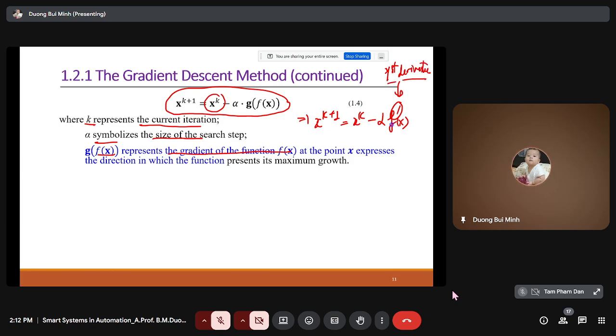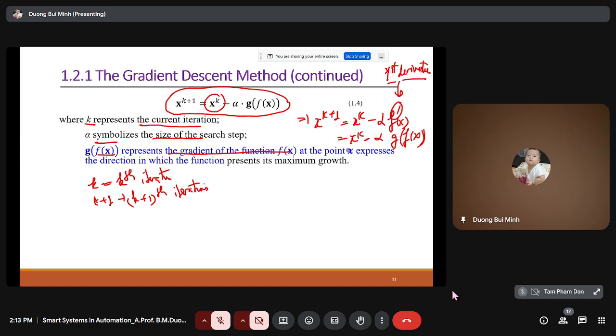If you don't want to use f'(x), you can use xk minus alpha g f(x). Here k is the k-th iteration, and k+1 means the (k+1)-th iteration.